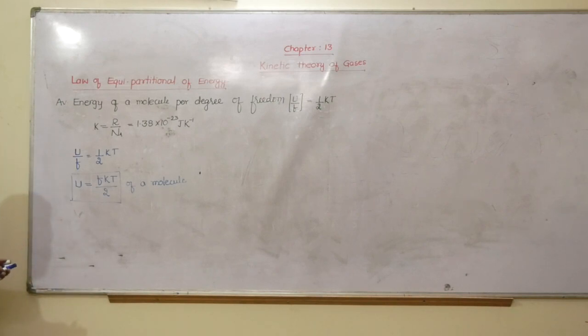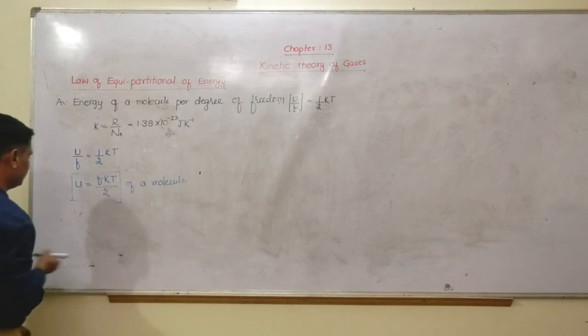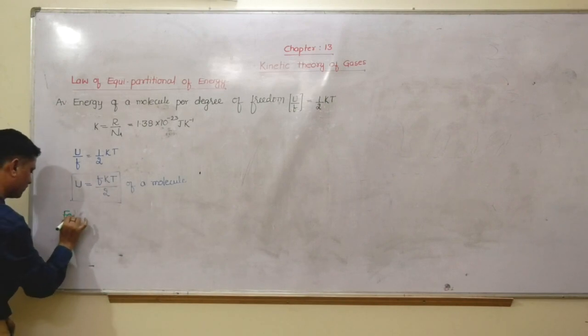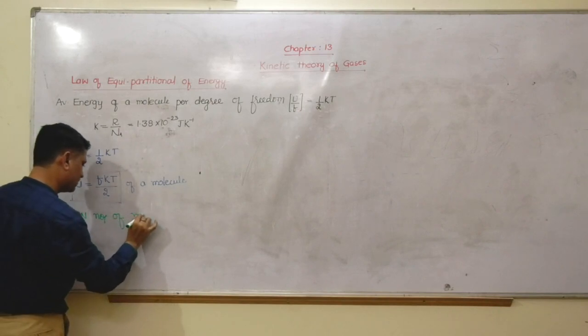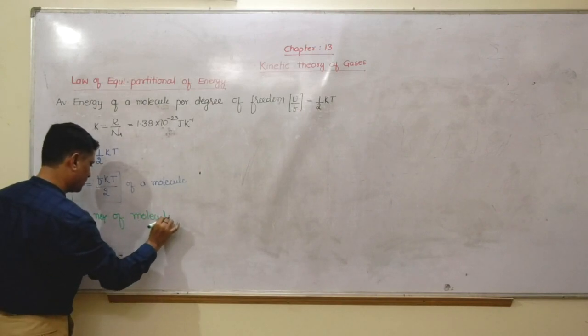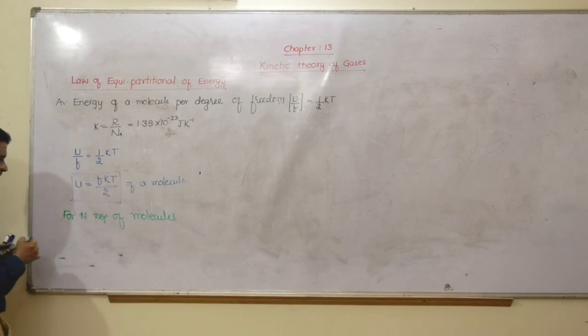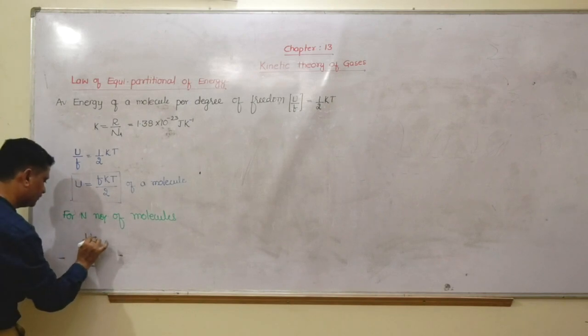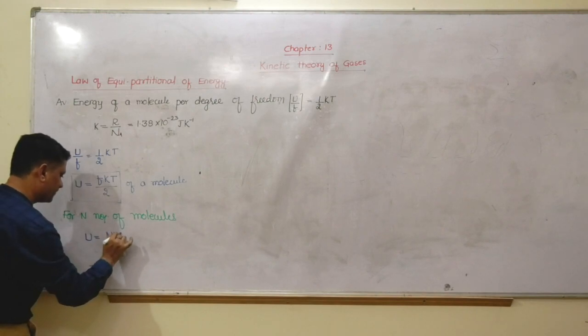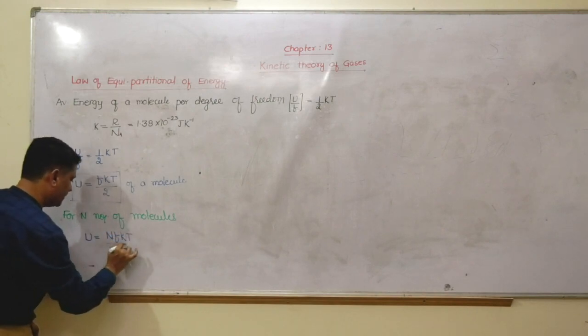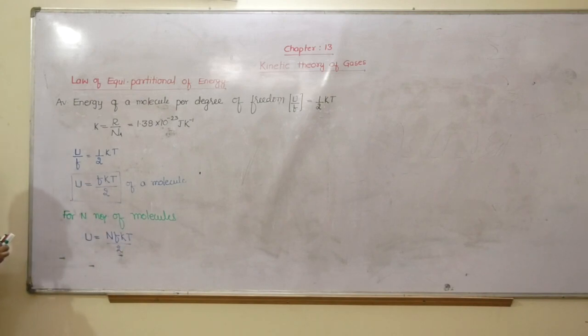For n number of molecules, I can write U is equal to, just it is multiplied by n, F KT by 2, right?